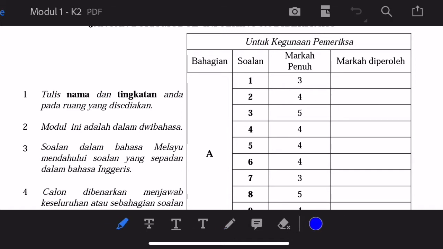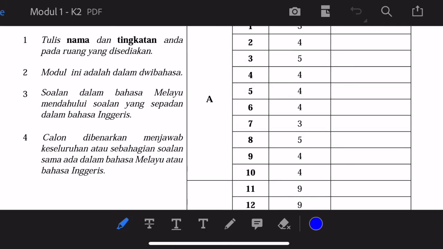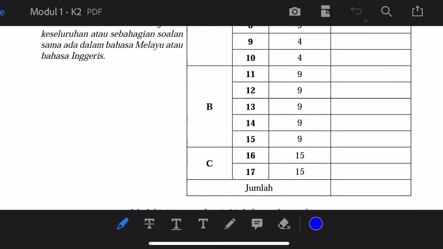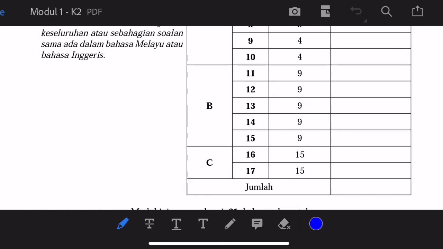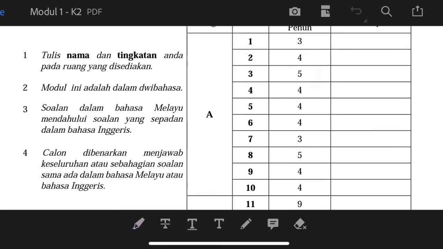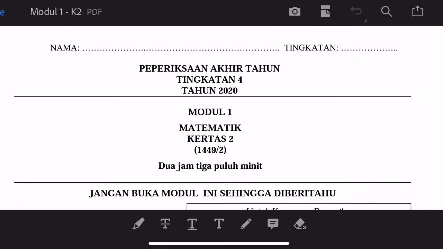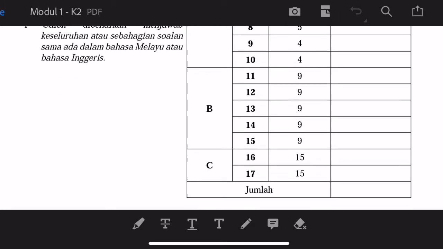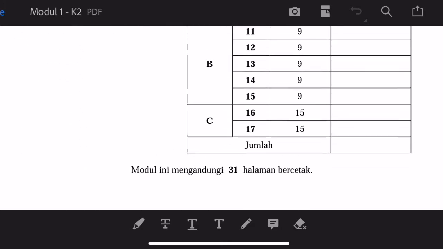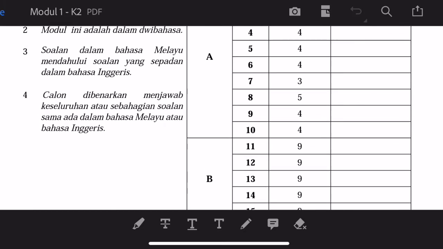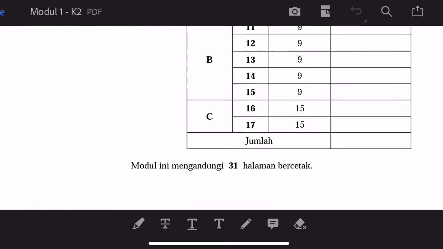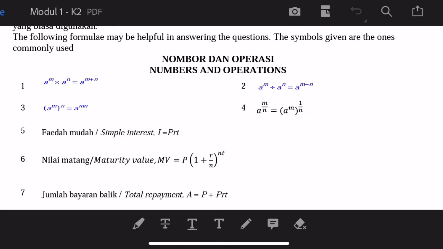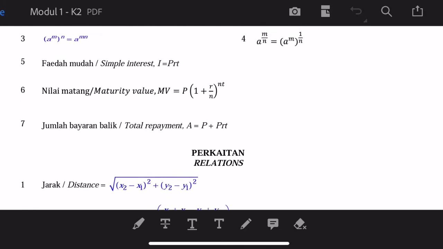You have section A, which consists of 10 questions, and then section B, you also have 4 or 5 questions, and section C 2 questions, right? So the instruction is you have to answer the questions in section A, section B and section C. All right, so there will be a list of formulae given to you.